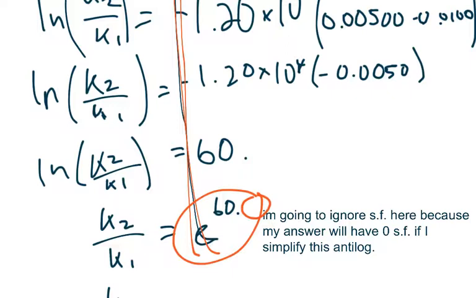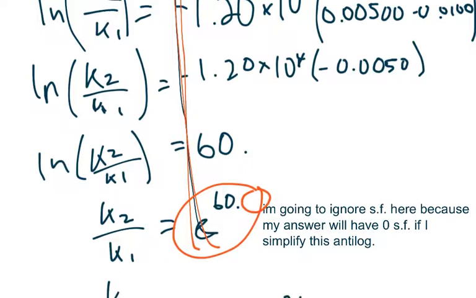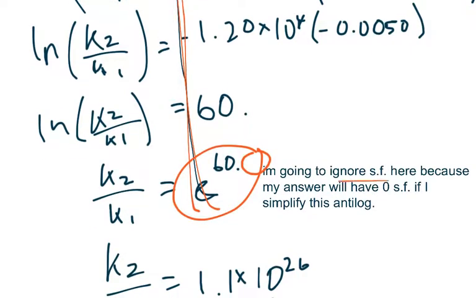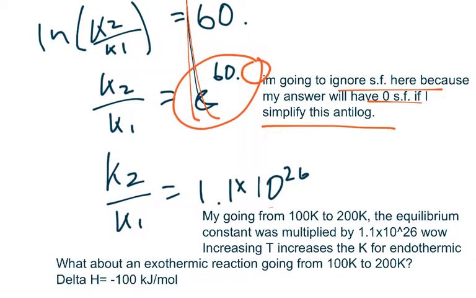There are no decimal places, so there will be no sig figs. And that's not what we want here. We want to have an actual number. So because of this, I'm going to ignore sig figs here, because my answer will have 0 sig figs if I simplify this anti-log. So let's ignore sig figs, and we get that K2 over K1 is equal to 1.1 times 10 to the 26 for this reaction.